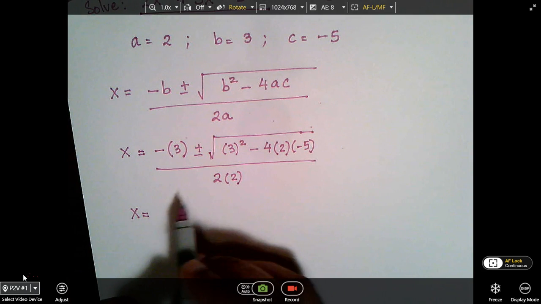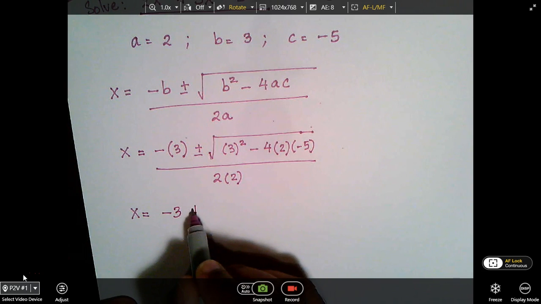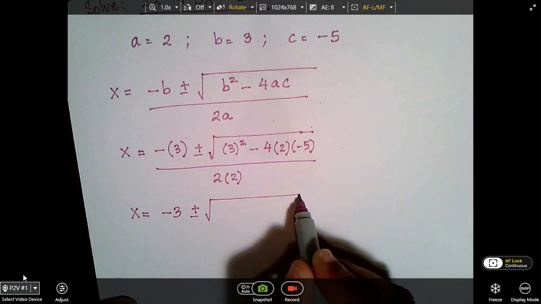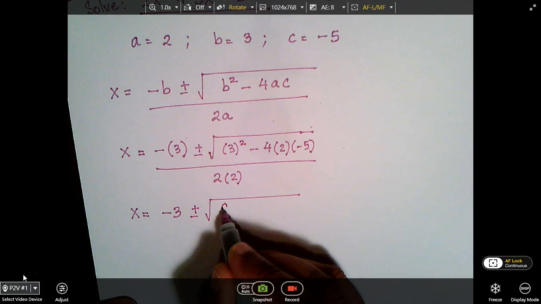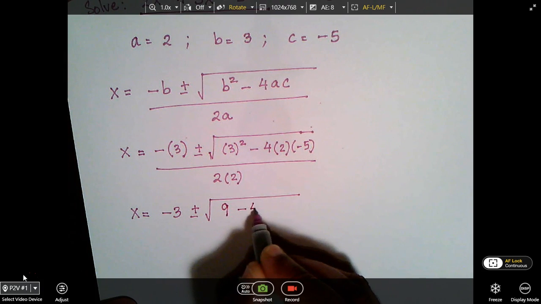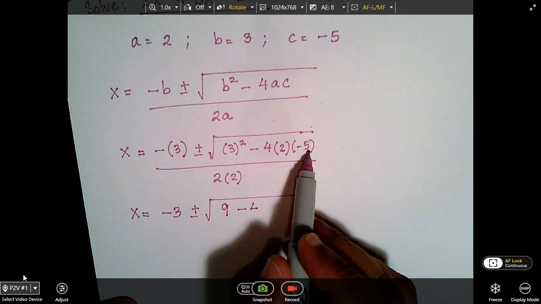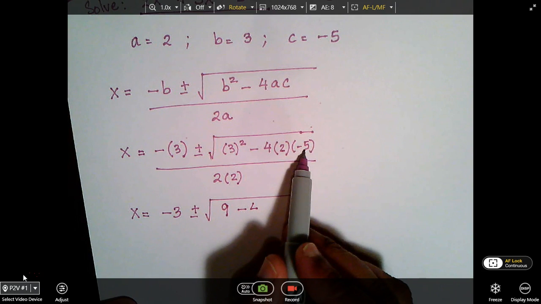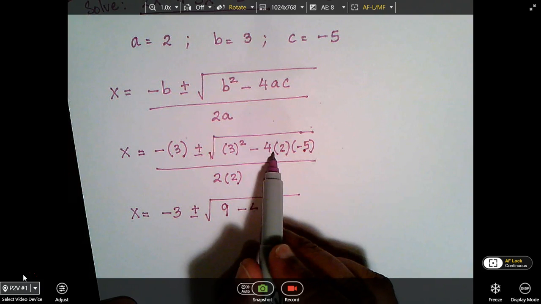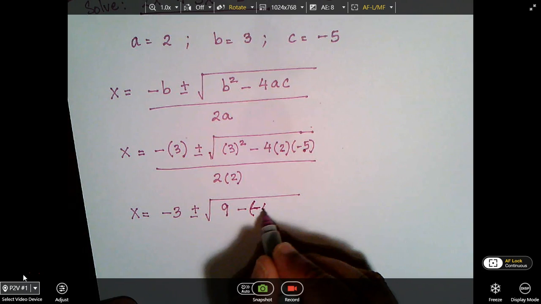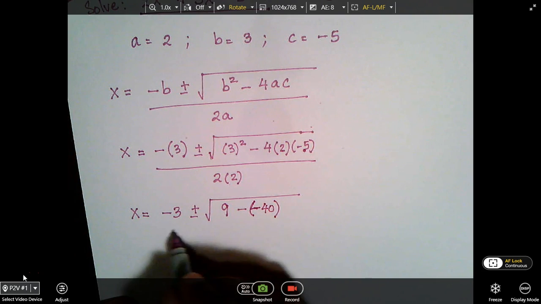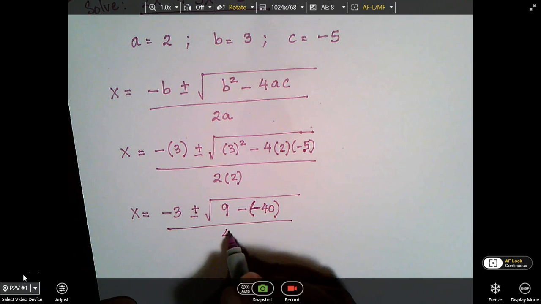The negative of 3 is negative 3 plus or minus square root of, what's under the square root? Exponent. 3 squared is 9 minus 4 times 2 times negative 5. So 2 times negative 5 is negative 10. 4 times negative 10 is negative 40. So that's negative 40. All over 2a is 4.